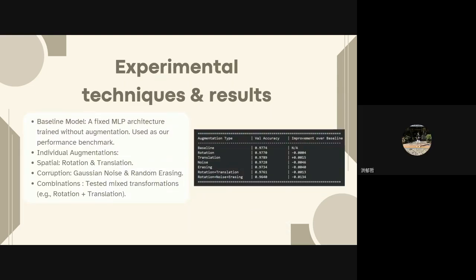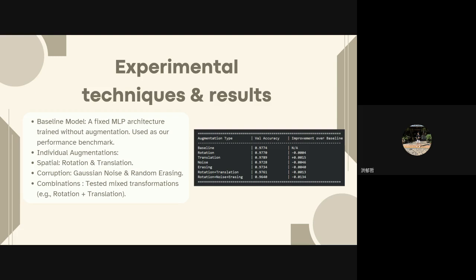Okay, it's my part. On the left, we established our baseline model using a fixed MLP, and we tested spatial transformations and corruption methods and their combinations. And we could look at the table on the right. Our baseline accuracy is 97%, and only translations surpassed this, improving by 0.15%.